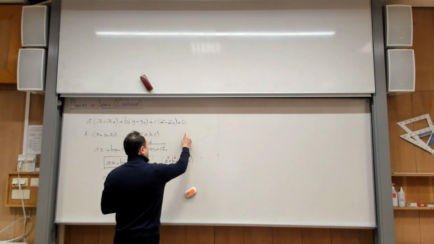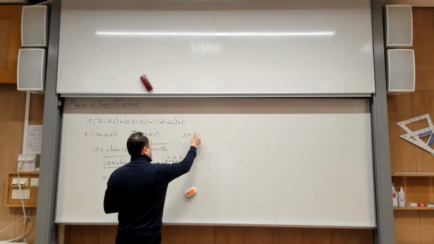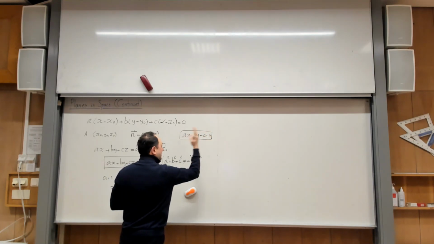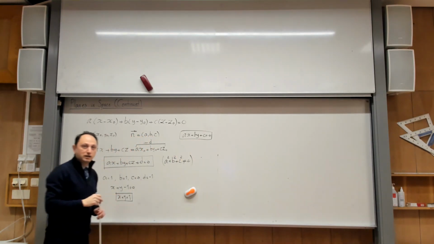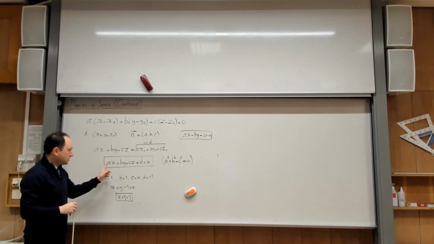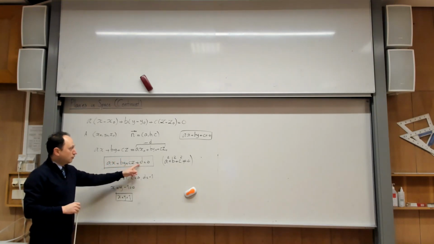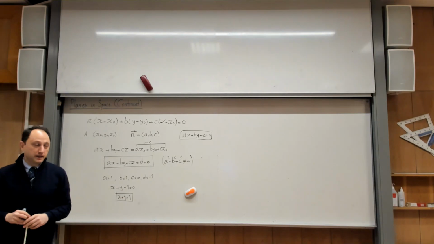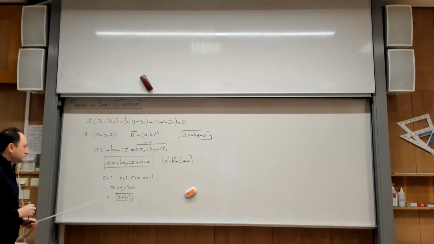Yes? Any equation that can be written in this form in 2 dimensions is an equation for a line. Now, more or less similarly, any equation that can be written in this form in 3 dimensions represents a plane.